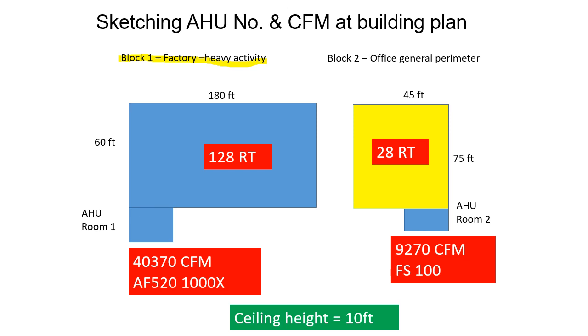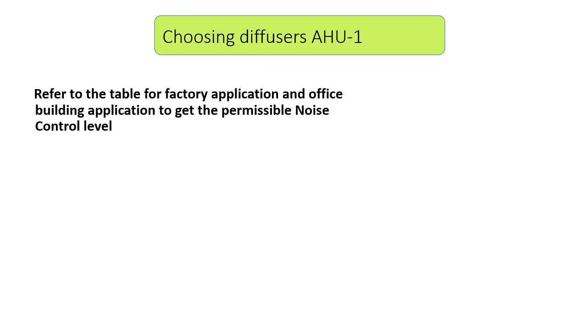Block 1 is a factory with heavy activity, and the size of the building is 180 feet by 60 feet, the refrigeration ton is 128, the required CFM is 40,370 CFM, and the ceiling height is 10 feet.